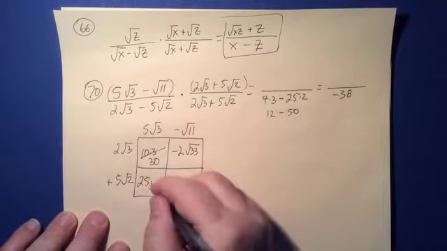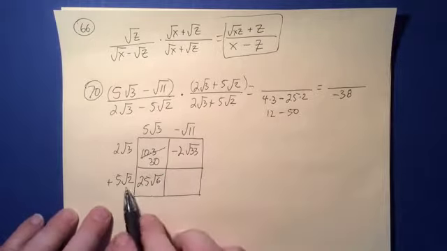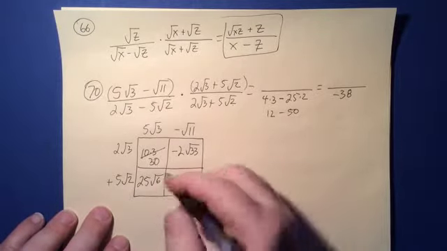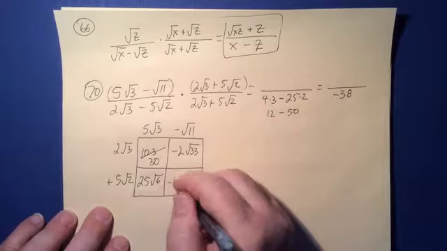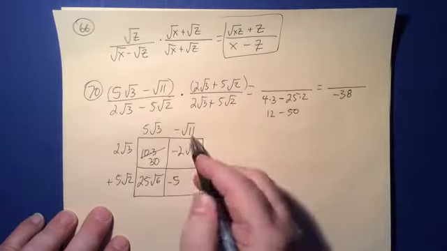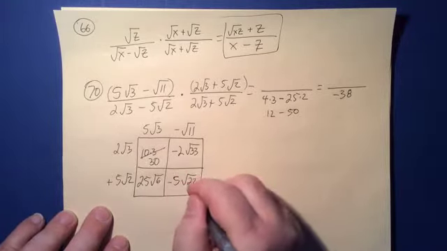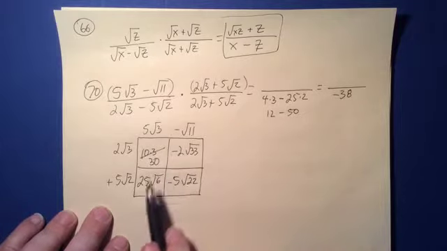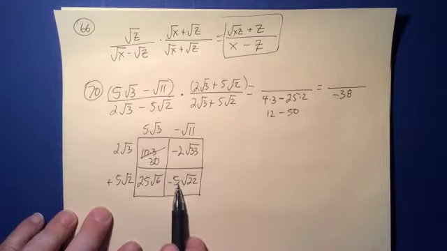Radical 2 times radical 3 is radical 6. And here we have 5 times negative 1, which is negative 5. Radical 2 times radical 11 is radical 22. From 30 to 25 and 5, nothing is going to factor out. So we're just going to put this together the best we can.